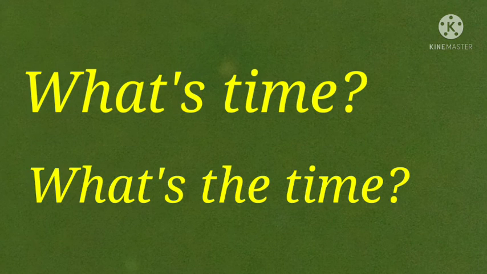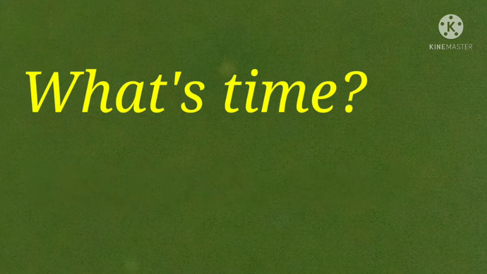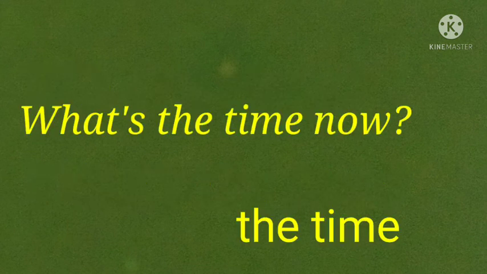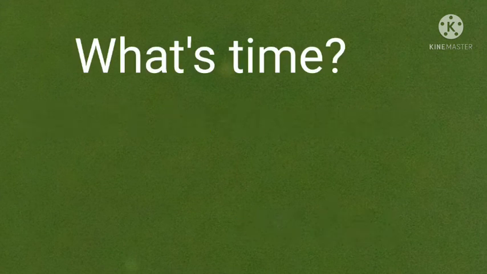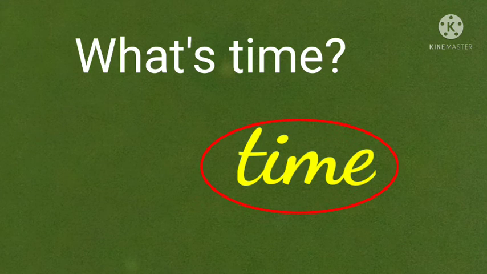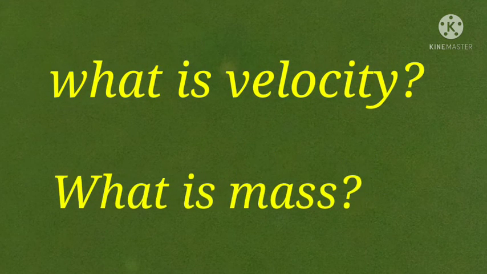What's the time now? That is how you have to ask that question. If you ask what is time, the listener is supposed to explain the term time. When somebody asks you what is velocity, what is mass, you will try to define those terms. So what is time?